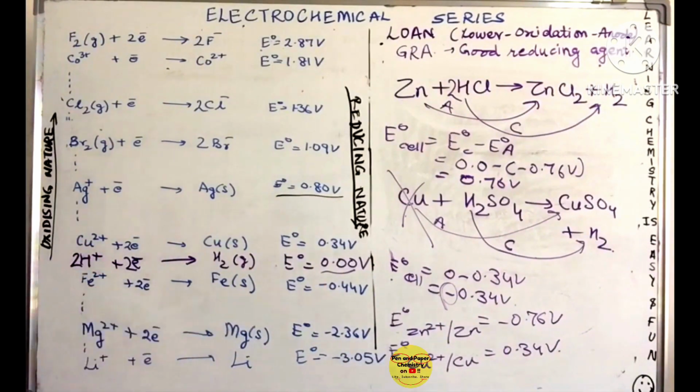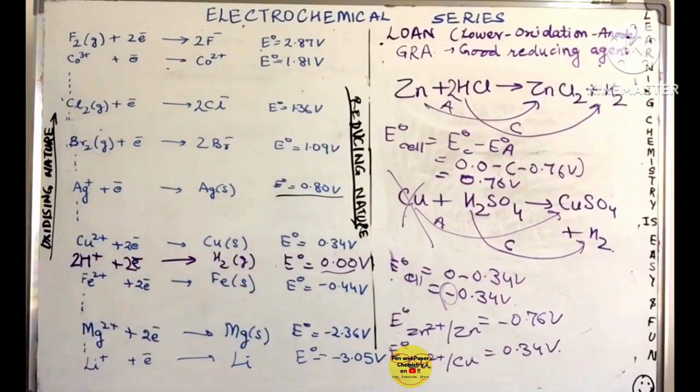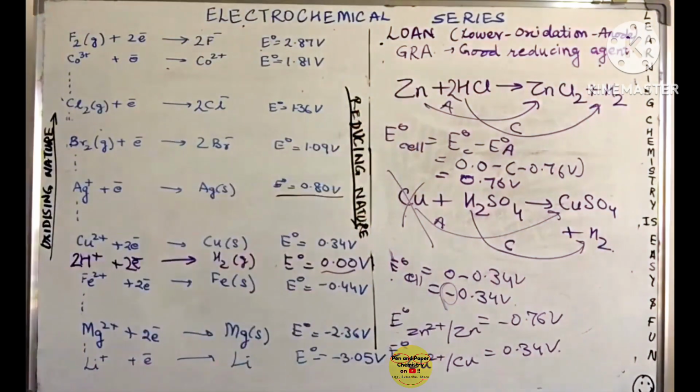A positive reduction potential, that means a value greater than hydrogen, shows that that particular metal will not displace hydrogen from its compounds. So this is very similar to a displacement reaction, except that in this case we are specifically talking about displacing hydrogen.